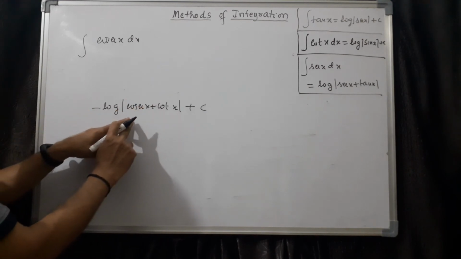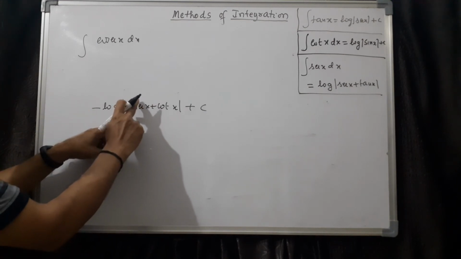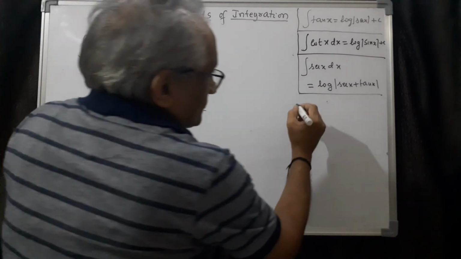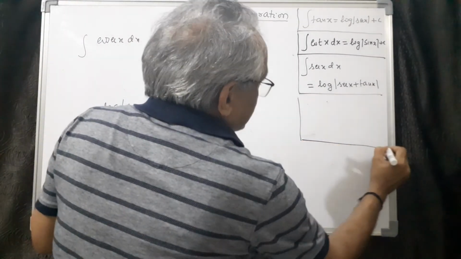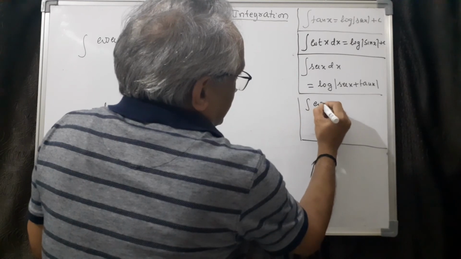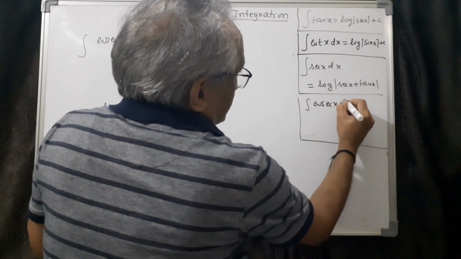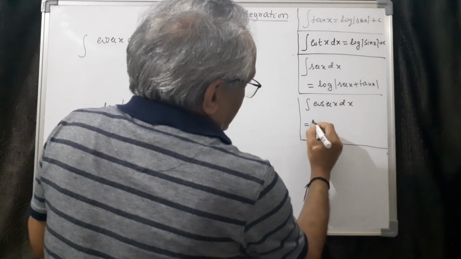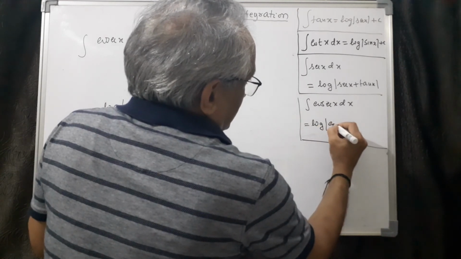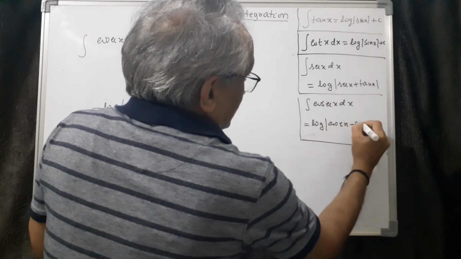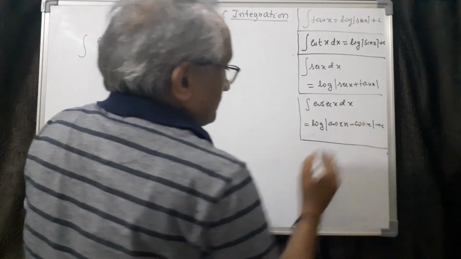Therefore in that case, multiply and divide by cosecant x minus cot x. So the formula will be: integration of cosecant x dx will be equal to log of cosecant x minus cot x plus c.